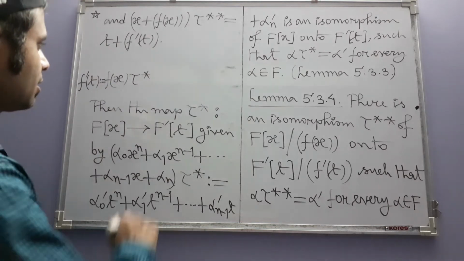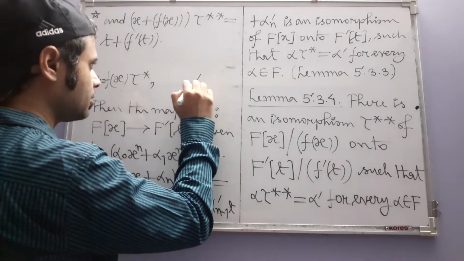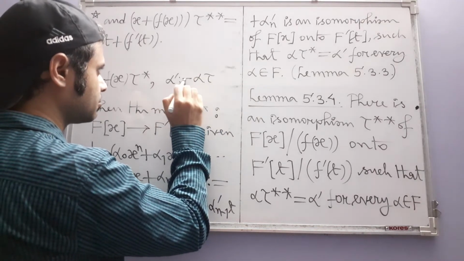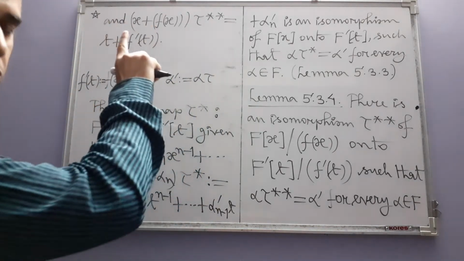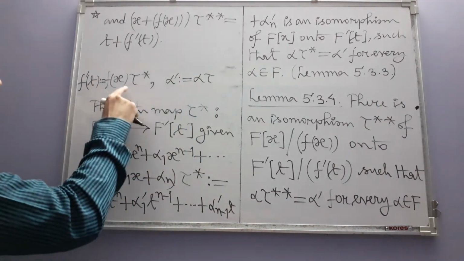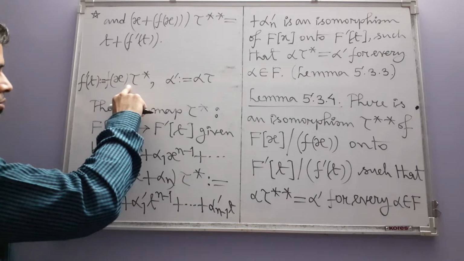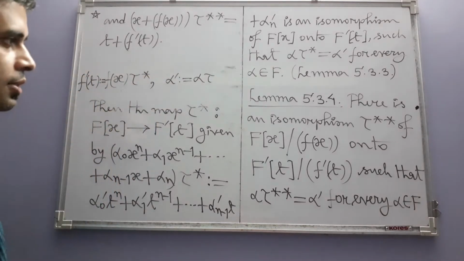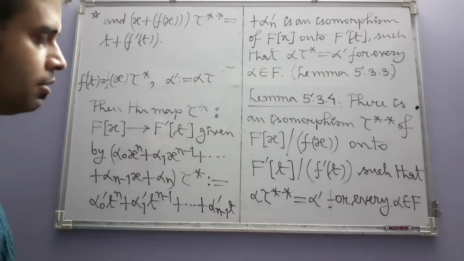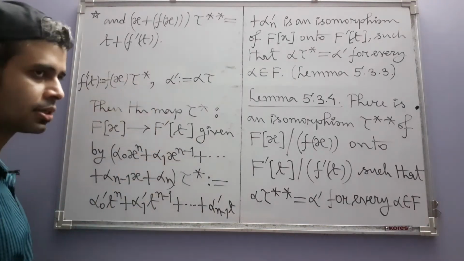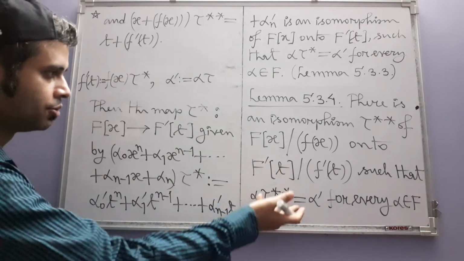This is somewhat like calling alpha's image under the previous function tau alpha prime. Here also we are calling the image of f(x) under tau star f prime(t). It's just a name given to the image, because you need to mention it again and again when we are proving this.